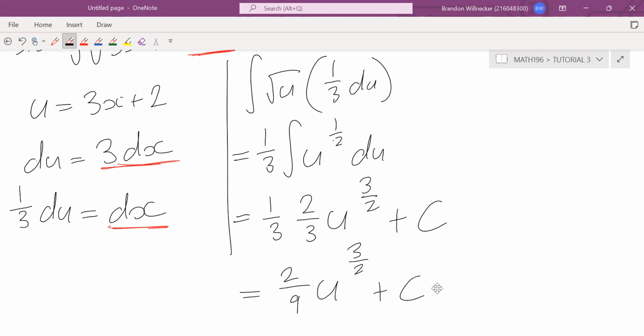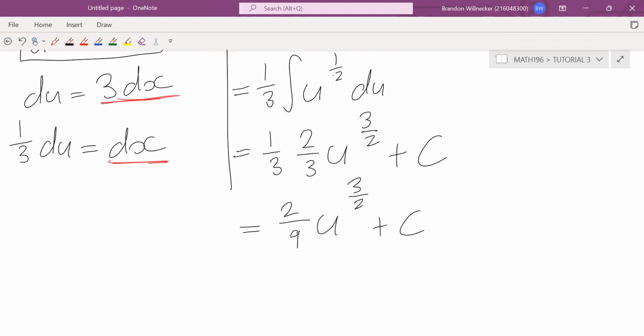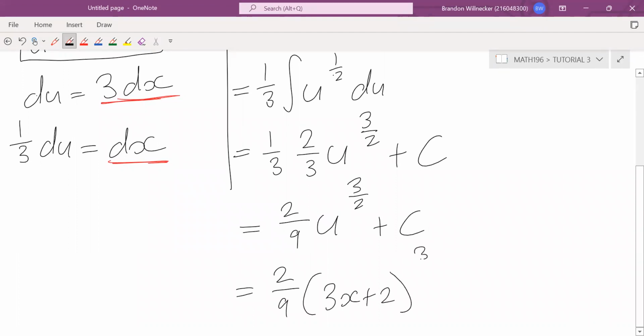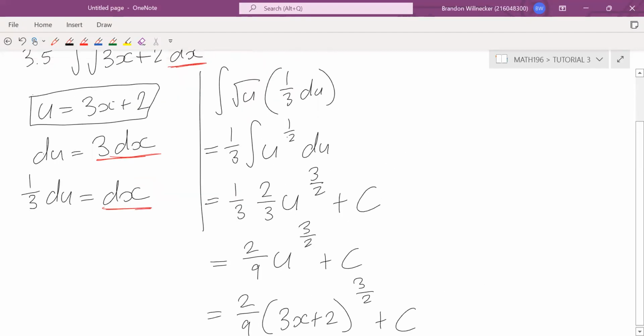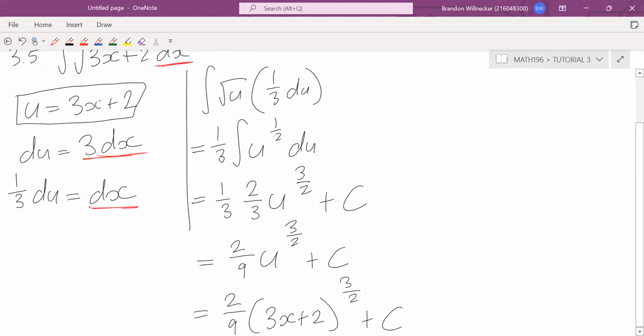Don't forget your last step. Wherever you see a u, you substitute that back with our original expression in terms of x, which was 3x plus 2. So this is going to be 2 over 9, (3x plus 2) to the 3 over 2 plus c. Again, very straightforward.